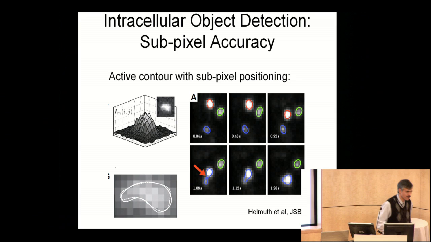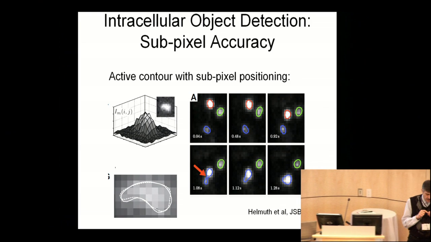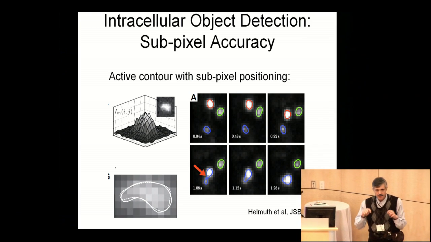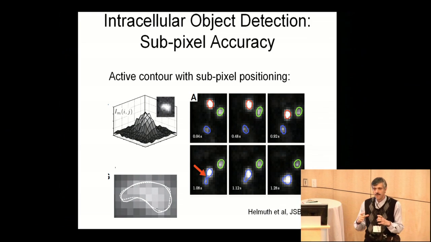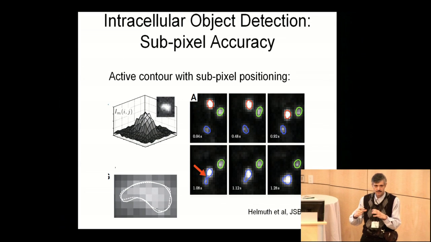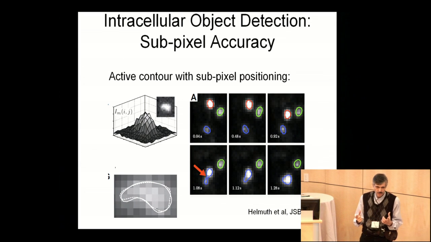So the idea of active contour is very simple. You introduce an artificial contour which has forces inside. You model it like a physical entity. One force tries to shrink or expand it. Another force resists bending, so you have some rigidity of this contour.